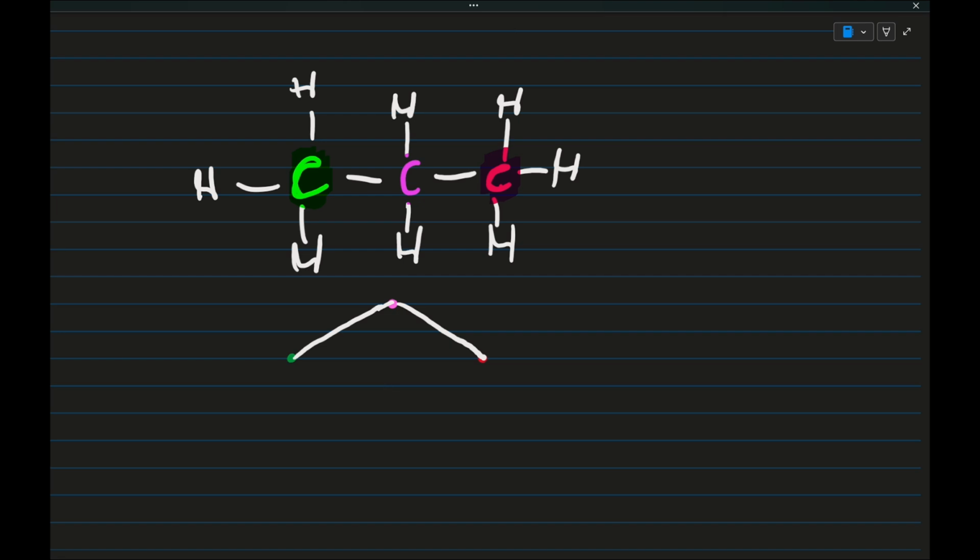But for learning purposes, I will show them real quick. We will have a hydrogen here, here, and here. We have our 2 hydrogens here, and then our 3 hydrogens here. This is pretty much the bond line structure.